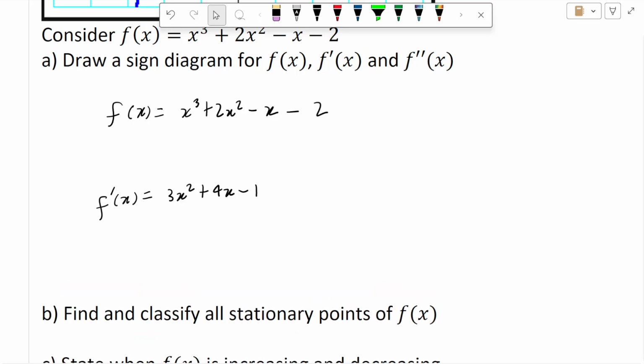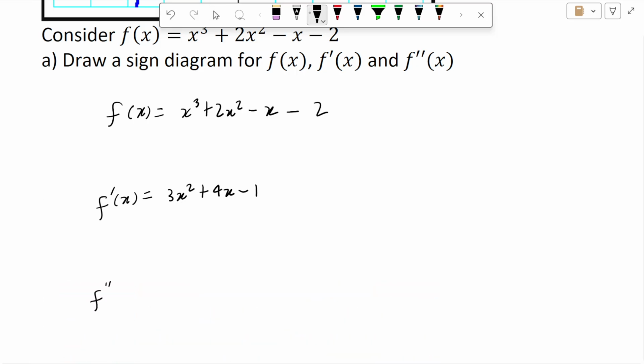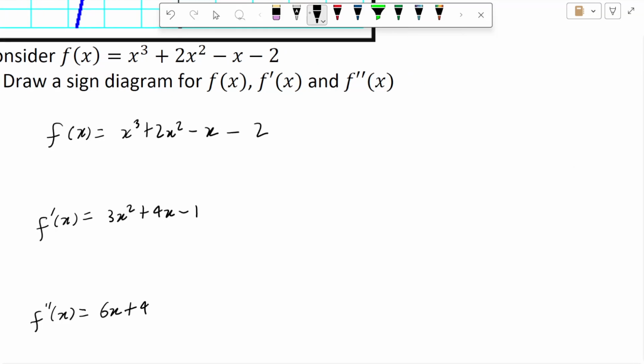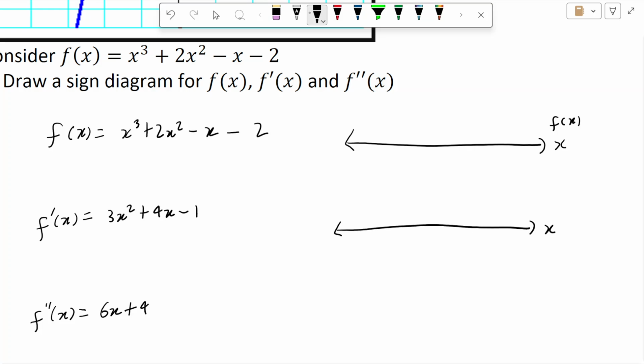And we're going to get our second derivative, which is going to be 6x plus 4, just like that. Now we need to do sign diagrams of each thing. The reason that I've spread them out like this is so that we can look at our sign diagrams. So that top one will be f. We'll then do another sign diagram for f dash of x, and then another sign diagram for f double dash of x.